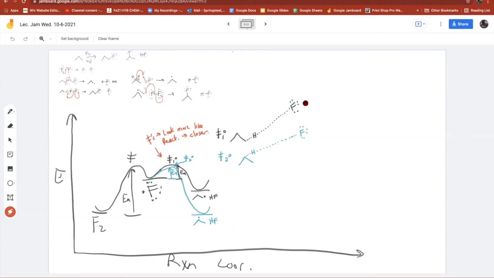So what does this primary carbon transition state look mostly like? Does this look more like a primary carbon radical or fluorine radical? What do you think?